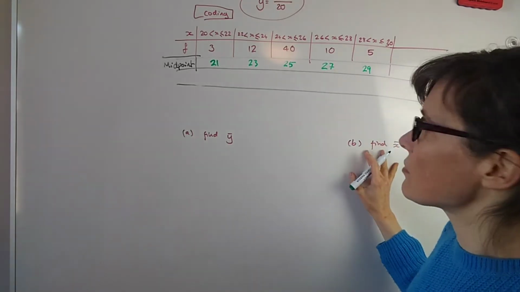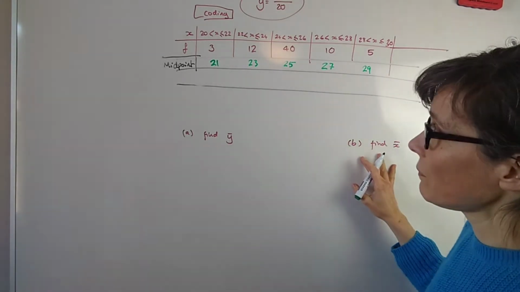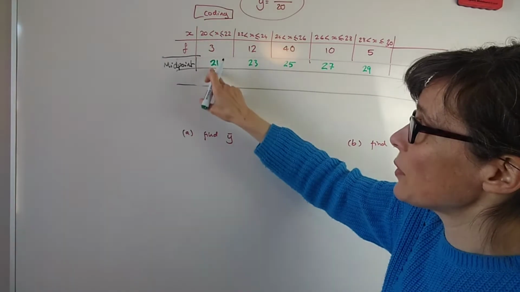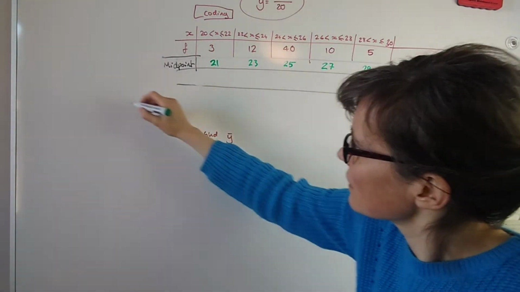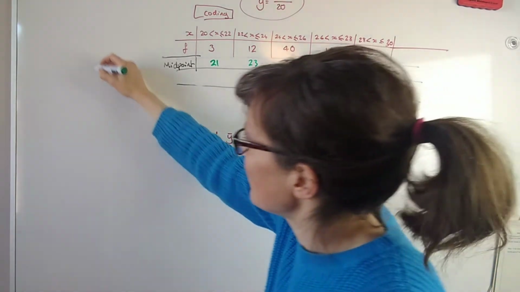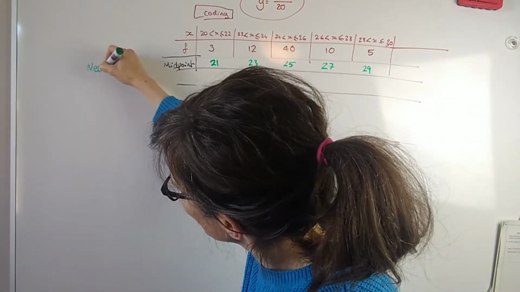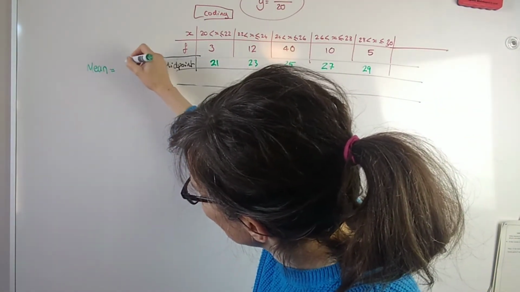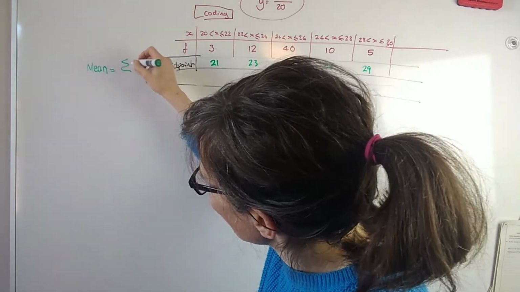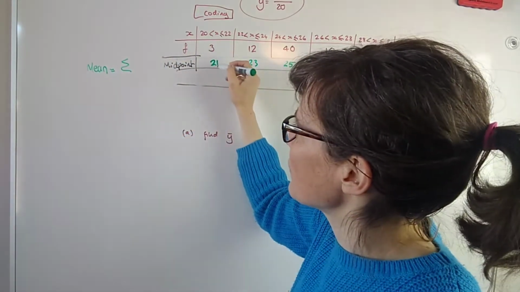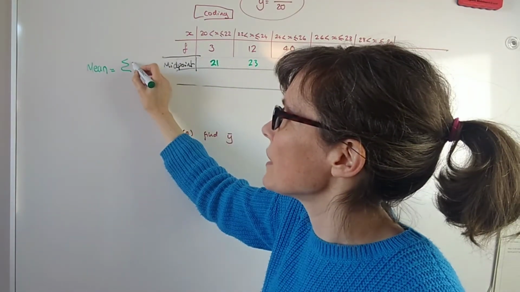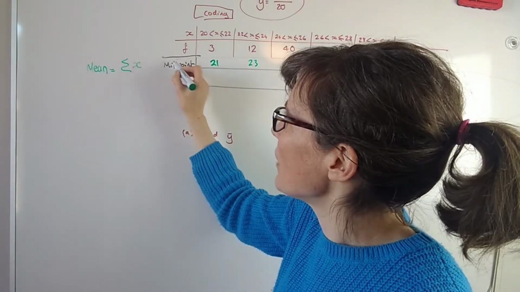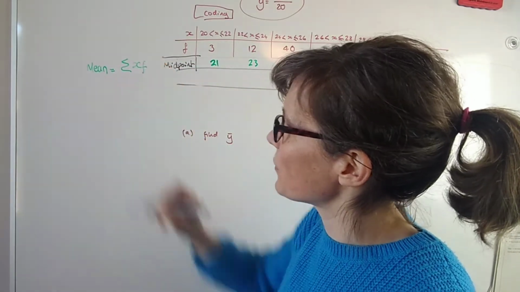Now if we were going straight to find the mean, we could multiply these. So the mean is just the sum of all those x's. So we've got 3 lots of 21, so it's x, this is our new x, times f.